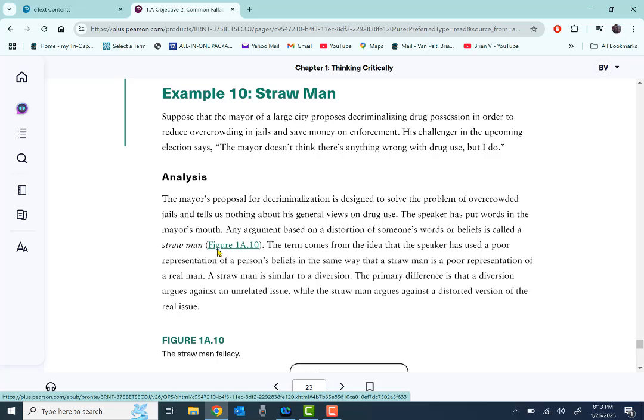He is considering reducing the population of inmates due to restrictions on size and money and enforcement. He is looking at it from a practical relationship, but his challenger is inserting more emotion again. His challenger is assuming that most people do hate the idea of drug use, and so he's going to use that, and he's going to, in this case, straw man, think of it as he's putting words into the mayor's mouth. The mayor didn't actually say there's nothing wrong with drugs. The mayor said that there's too many inmates.